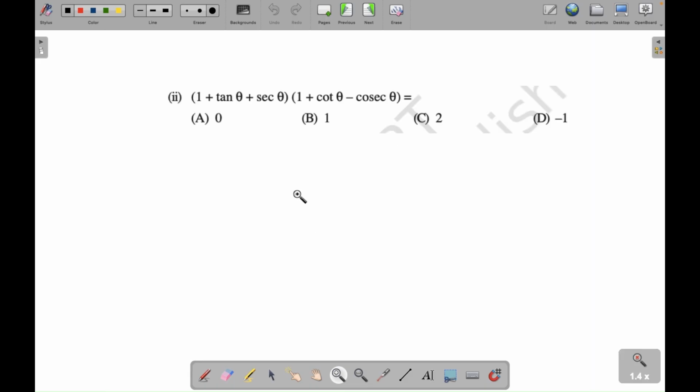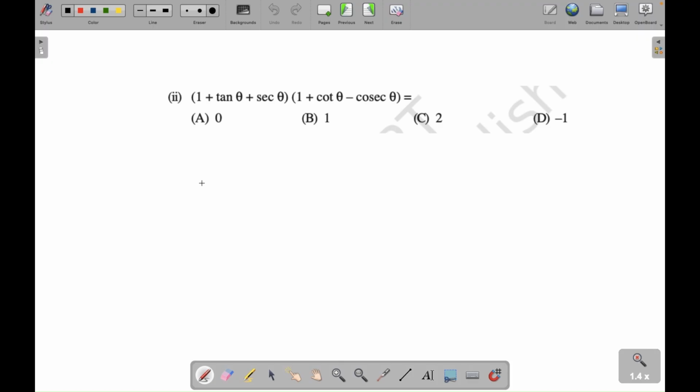So for such types of questions, it becomes easier because, otherwise, you need to simplify this further. Then only you'll be able to solve this. Or what you can do is just substitute theta as 45.